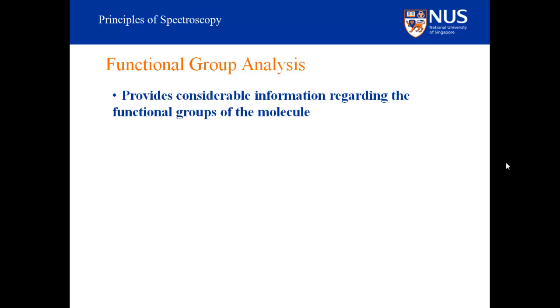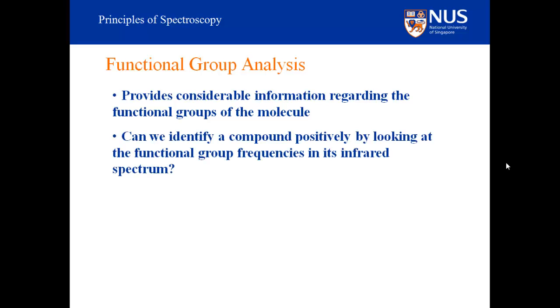We also use infrared spectroscopy in order to identify functional groups in the molecule. It should be noted, however, that although it is a pretty good indicator of what functional groups are present in the molecule, you can't identify unambiguously what molecule it is. If you were given a choice, say, under exam conditions, is it this molecule or that molecule, then you can use the infrared spectrum to identify which molecule.